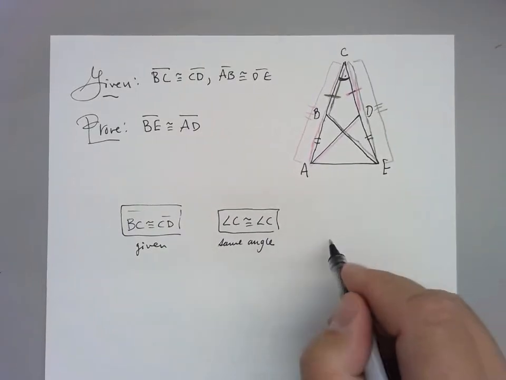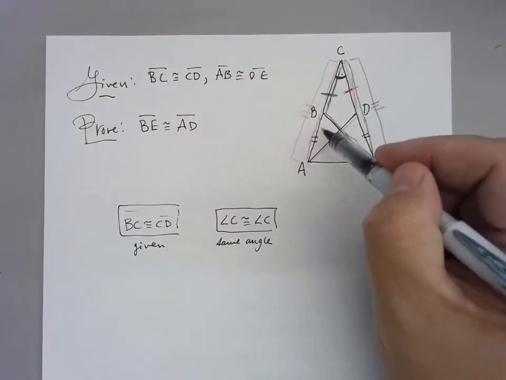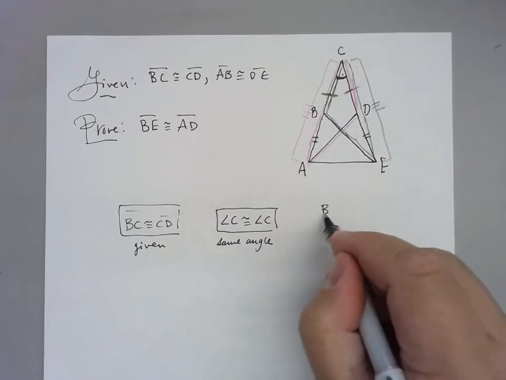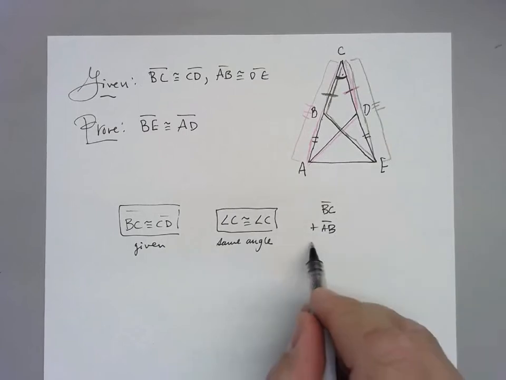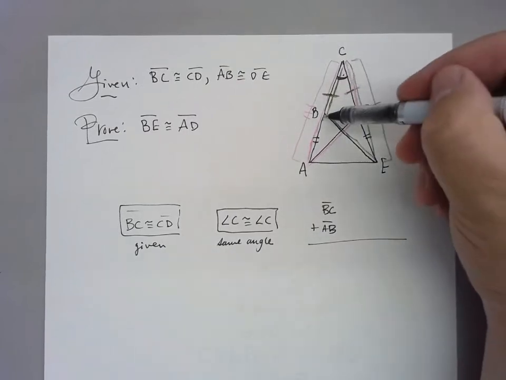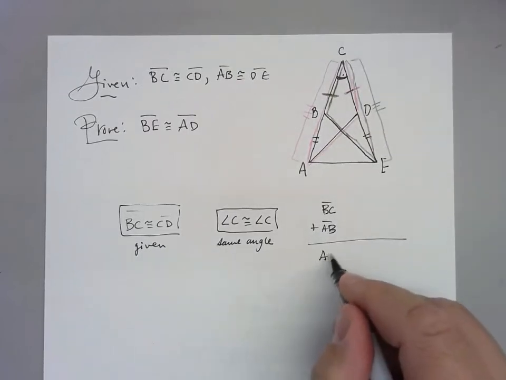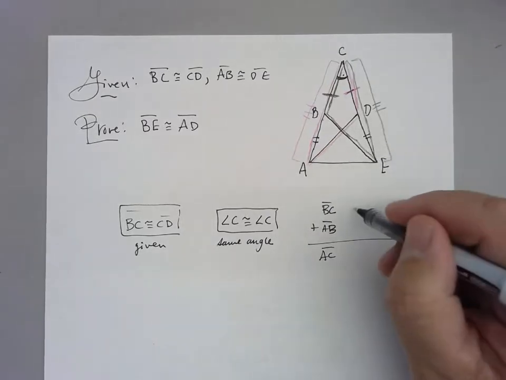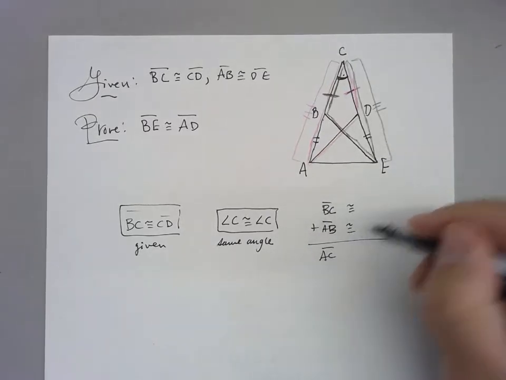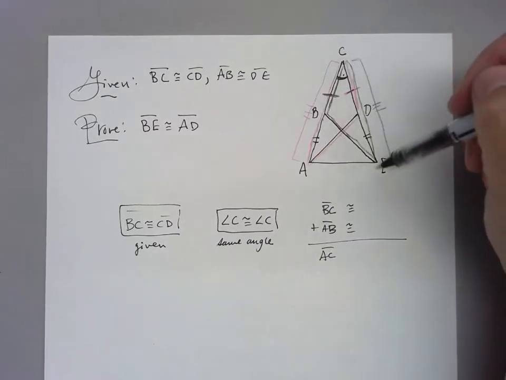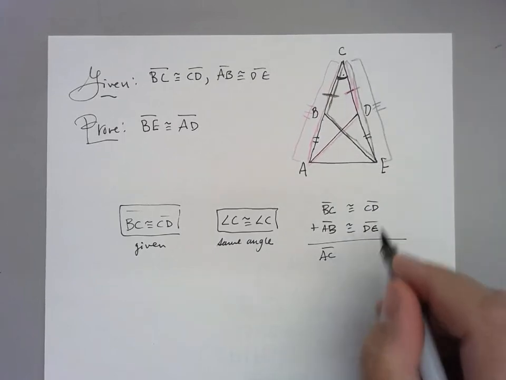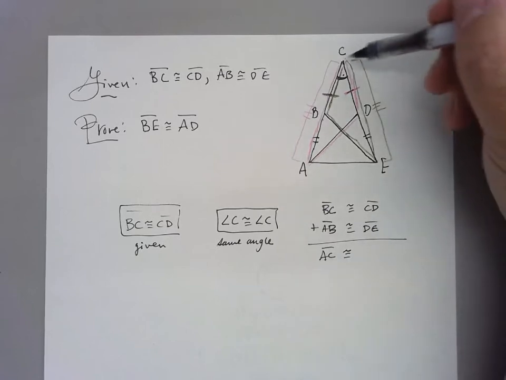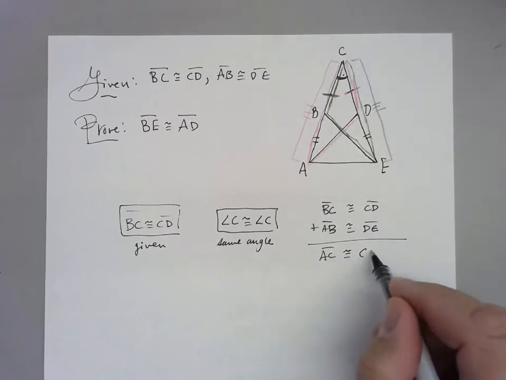So I'm going to take BC and add AB. When I add those together, when I join those segments together, I get a segment that goes from A to C. And on the other side, I have CD and DE. And that gives me C to E.